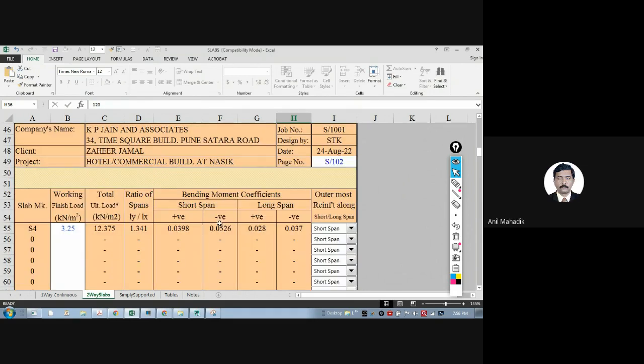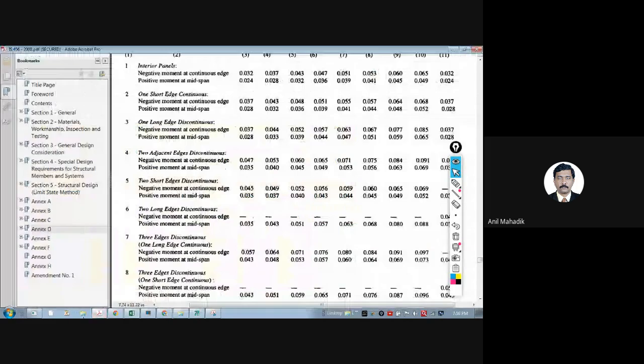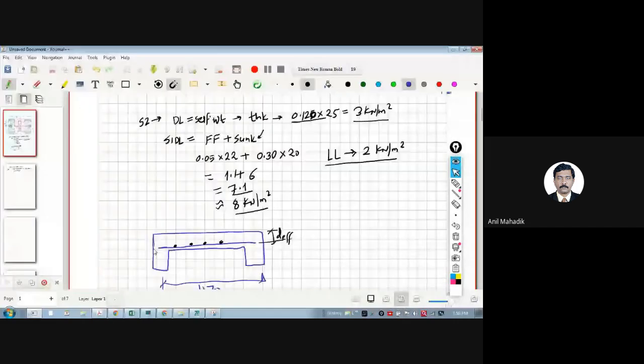Once you go down, it is asking what is the floor finish load. So it is our 1.5 in our case, for example. It depends on the thickness of the screed and tile you assume. Actually, last time we forgot the tile. See, this floor finish load is for screed.